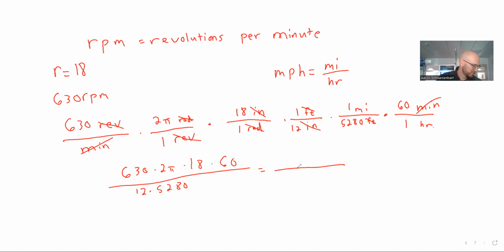I do that on a calculator. I get 67.47 miles per hour. Or I can write that as 67.47 mph for miles per hour.